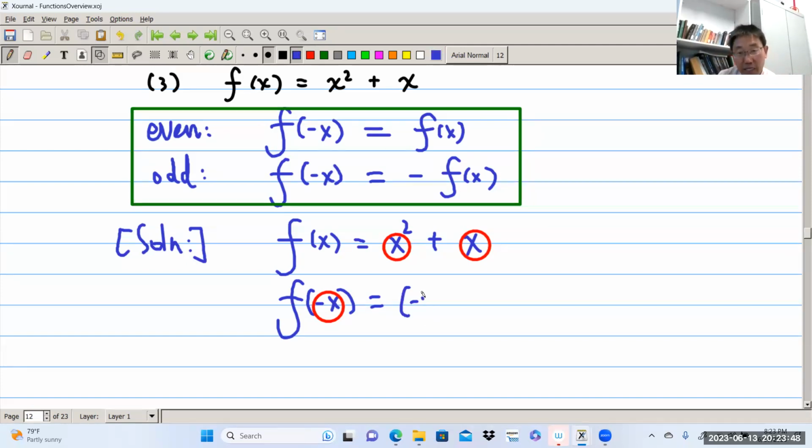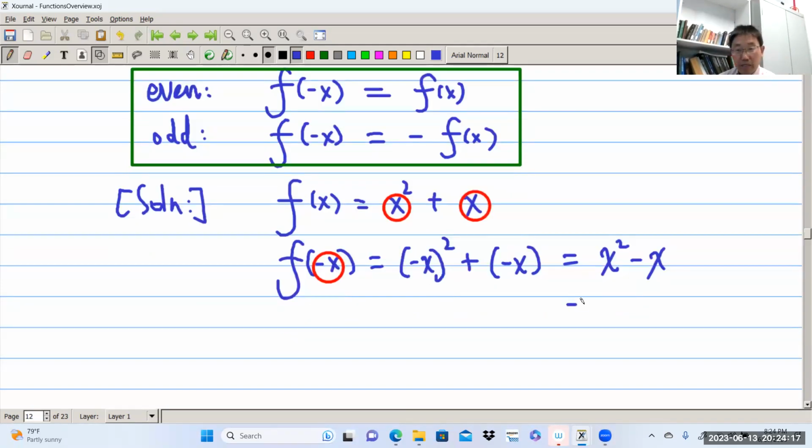So f of negative x is negative x squared plus negative x. x is a placeholder. You can replace x by negative x, by an expression, by a number. If you simplify this, negative x squared gives you positive x squared, and plus negative x is minus x. So f at negative x is x squared minus x.